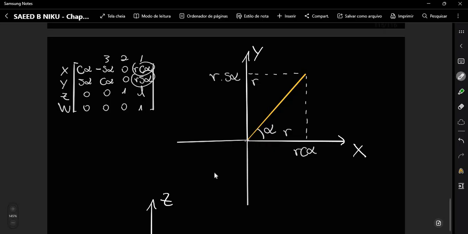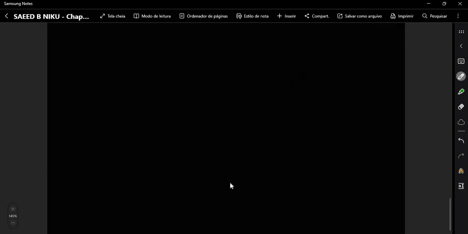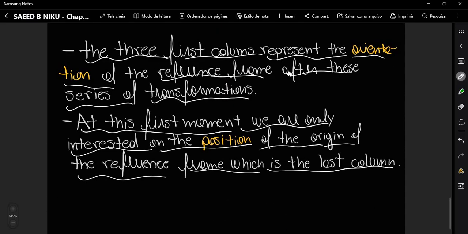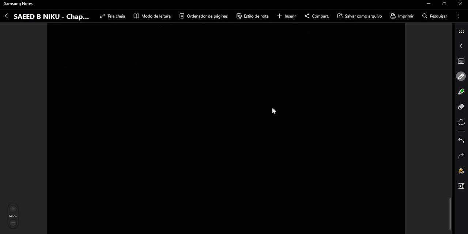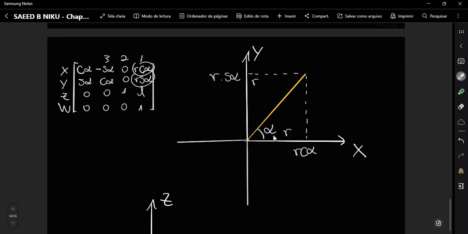Now right here, let's say that we are working with this description. The first three columns represent the orientation of the reference frame after this series of transformations. So that is the description of the transformations, okay?